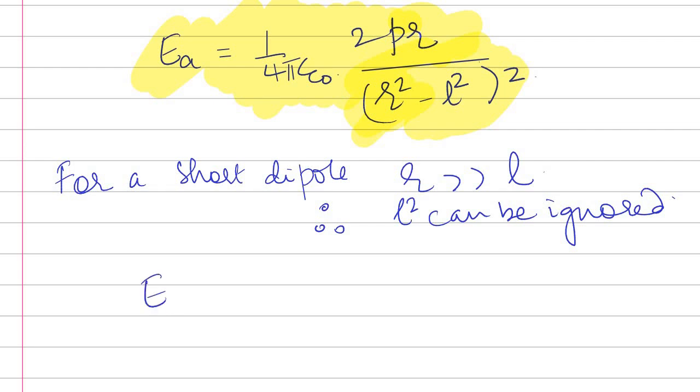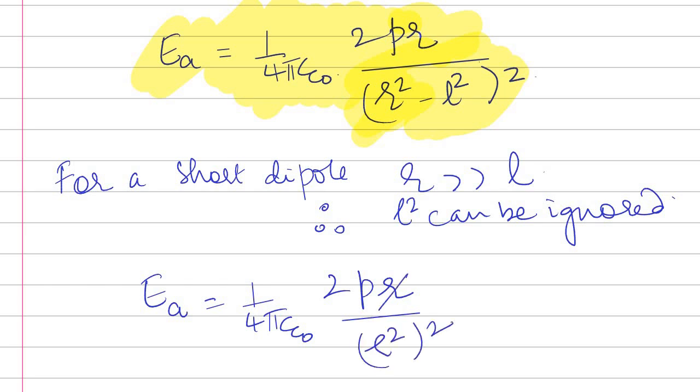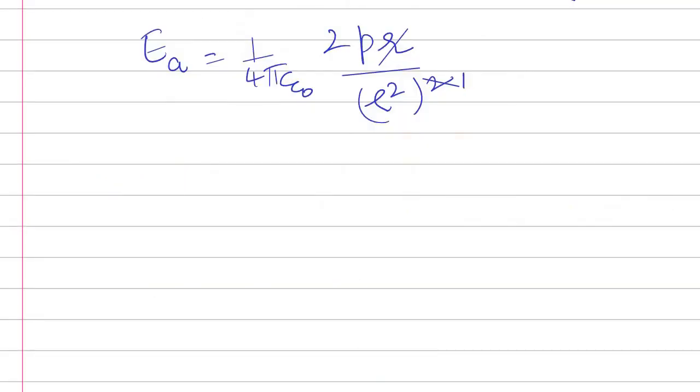So I'll get a nice shortcut. E would be equal to 1 by 4 pi epsilon 0, 2PR upon R square the whole square. Now R cancels with this to give me the expression E is equal to 1 by 4 pi epsilon 0, 2P by R cube. Okay, 2P by R cube.